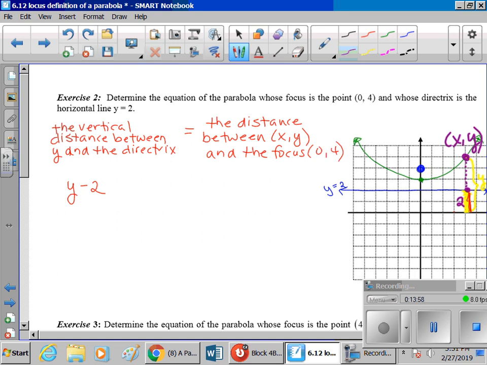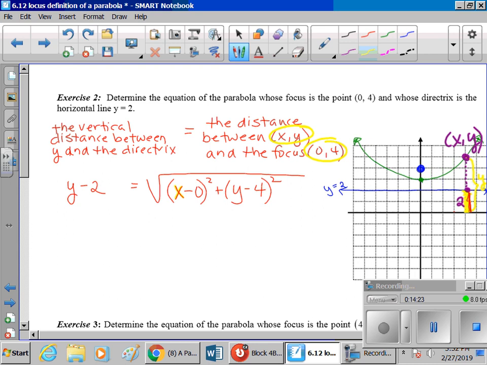All right, so this is equal to, now this is where your distance formula comes out. It's the square root of, okay, what are your 2 points? (x, y) and (0, 4). So I'm going to put the x first: x minus 0 squared plus y minus 4 squared.